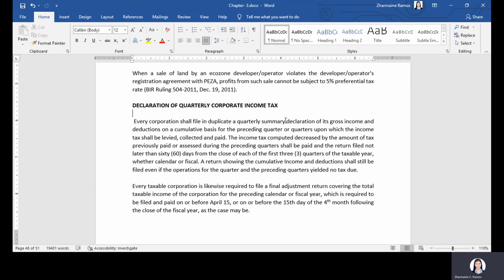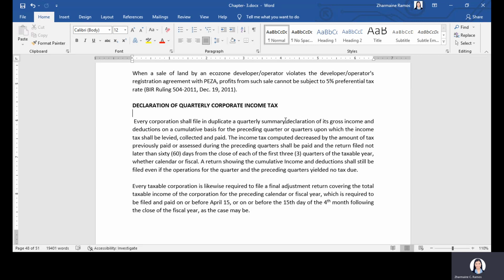So the income tax computed, decreased by the amount of tax previously paid or assessed during the preceding quarters, shall be paid and return filed not later than 60 days from the close of each of the first 3 quarters. So kapag natapos yung January, February, March, first quarter, dapat makapag-file ka at makapagbayad ka 60 days after ng March.